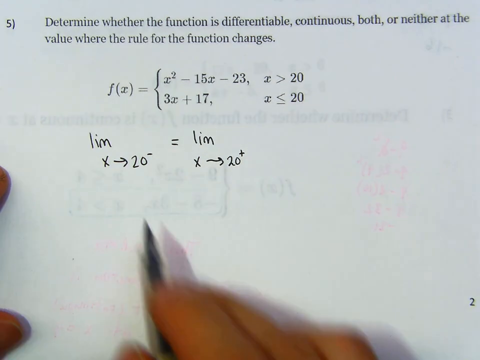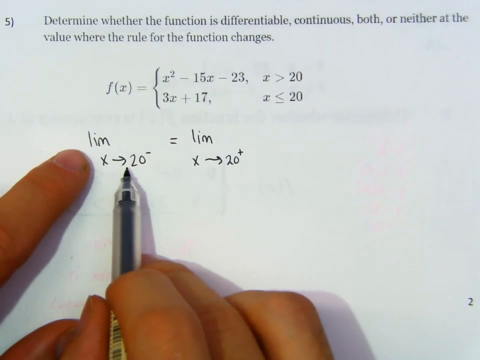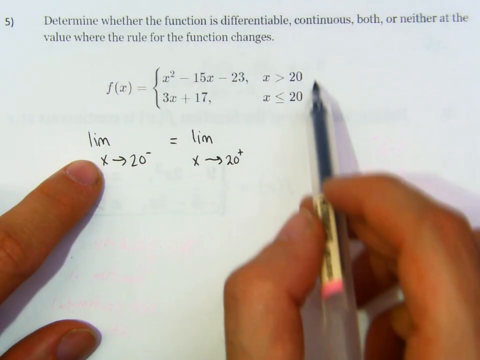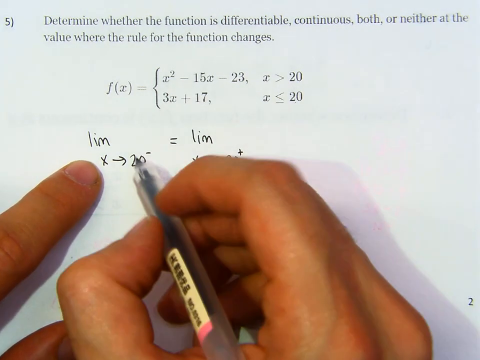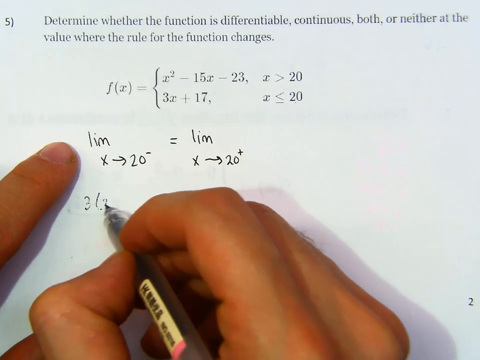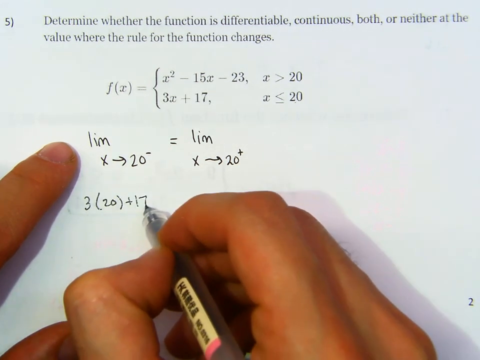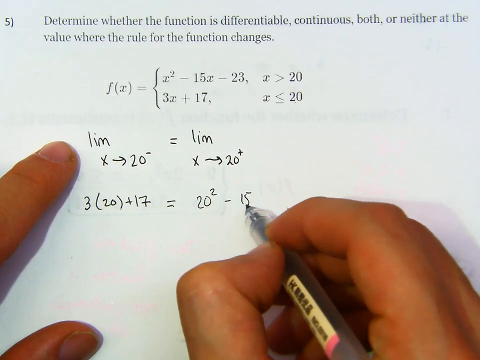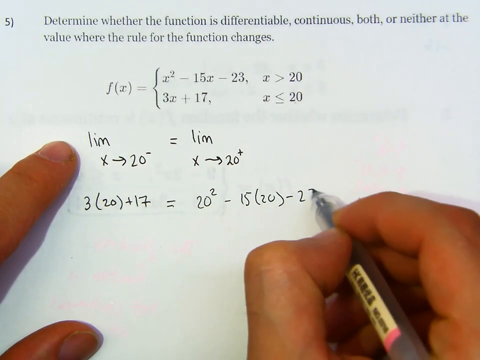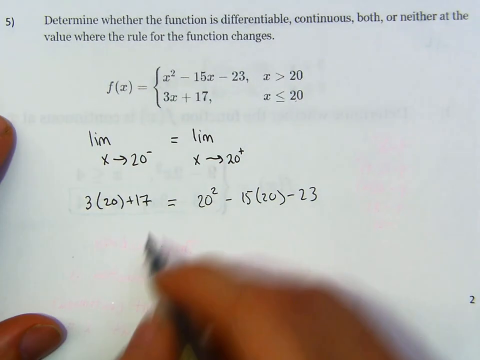From the left would be this function over here. So we have 3 times 20 plus 17 has to equal 20 squared minus 15 times 20 minus 23. Let's see if this works.